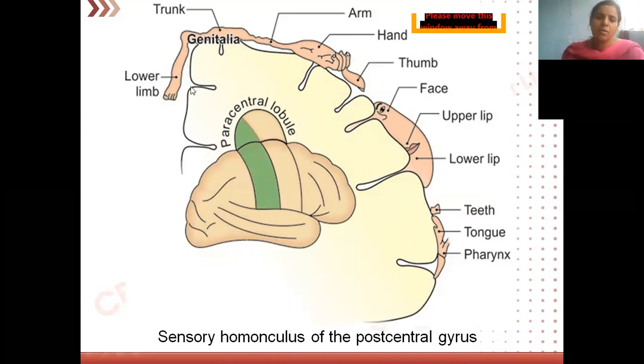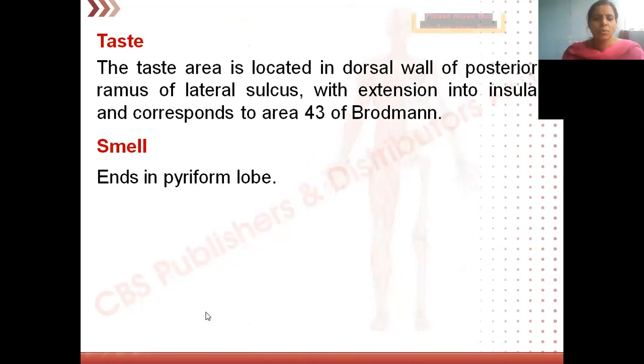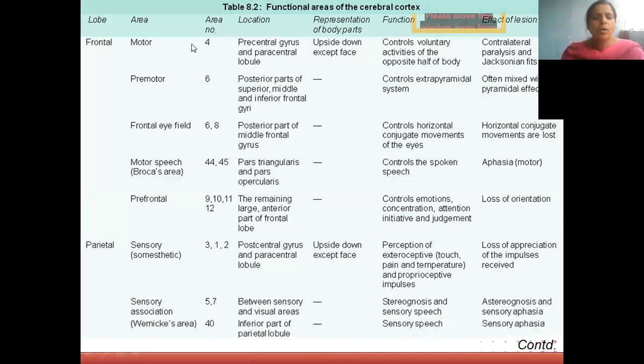Similarly, for motor area also we have the same homunculus. Body's representation is upside down. Foot up, head down. This representation is upside down. Okay. So similarly, we have motor homunculus also. Okay. Now we were talking about area number 4, where our body's representation is upside down except the face.